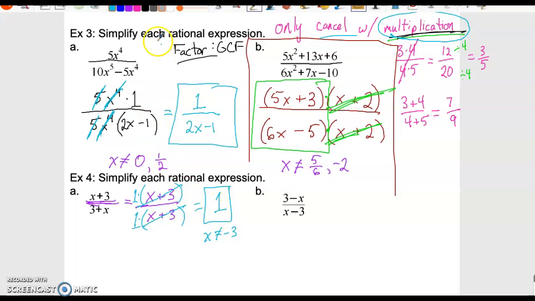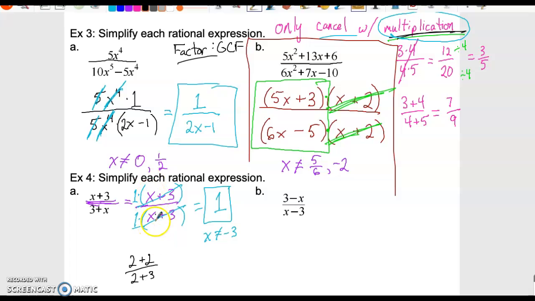The other thing I wanted to mention is I've seen students in the past try to cancel this out to 1 by saying x over x is 1 and 3 over 3 is 1. That's not how this works. Let me explain why. It boils down to my example from my first video. Let's say I had 2 plus 2 over 2 plus 3.